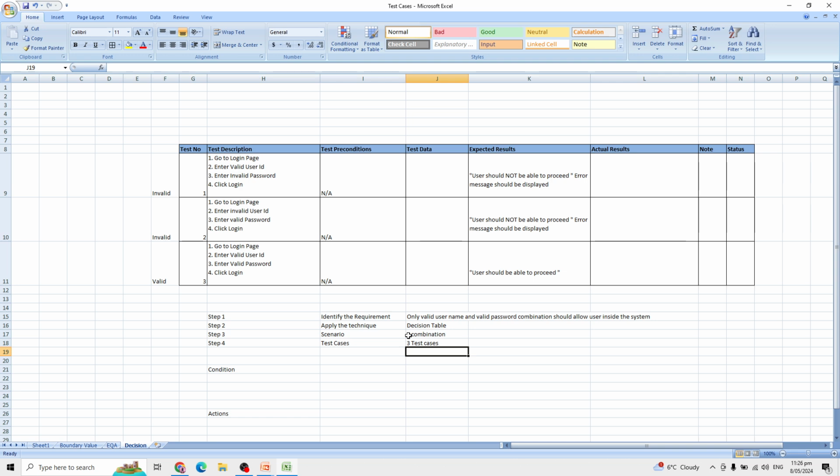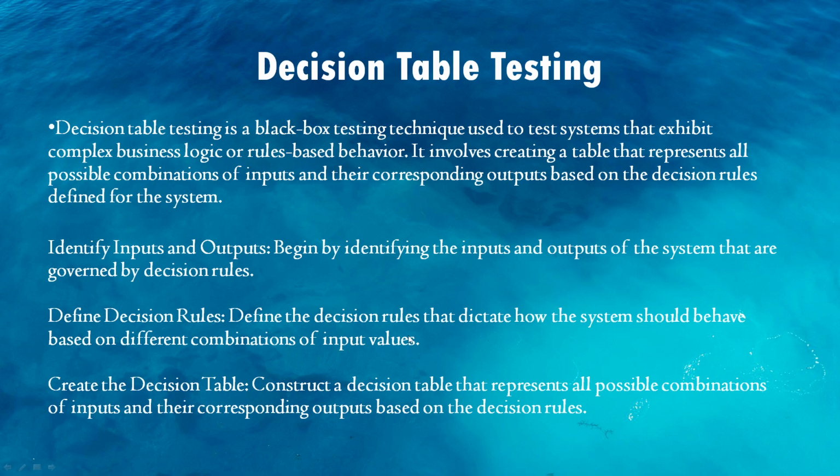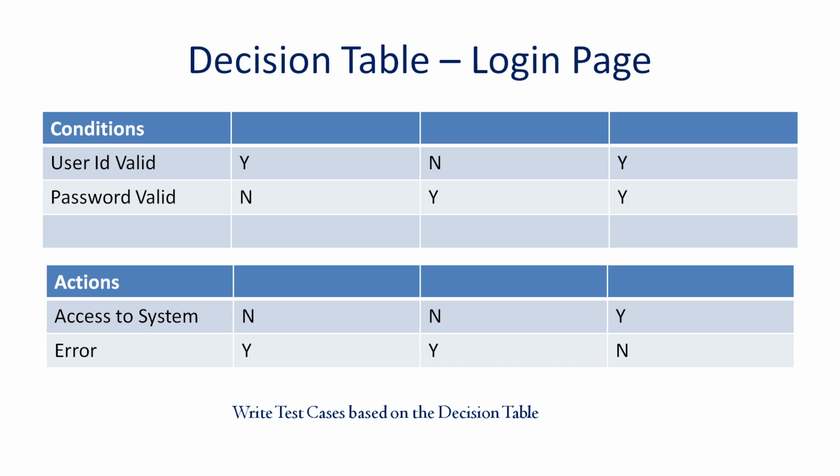Now, the important thing is, as I said in the slide, we will use decision tables whenever there is complex business logic or rule-based behavior; only then will we use decision table testing. Whatever we have discussed here is a very simple logic.